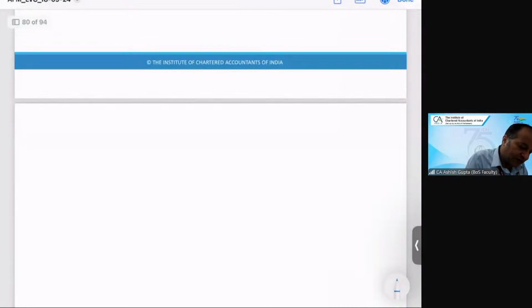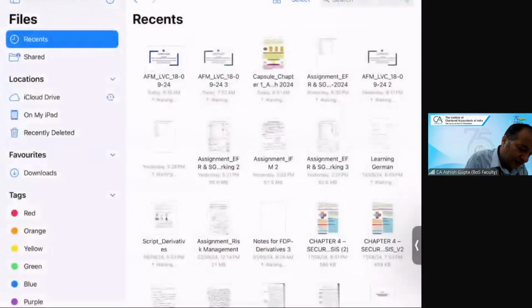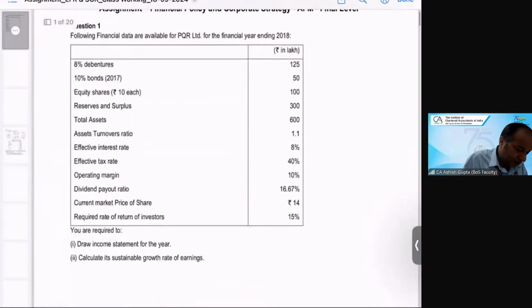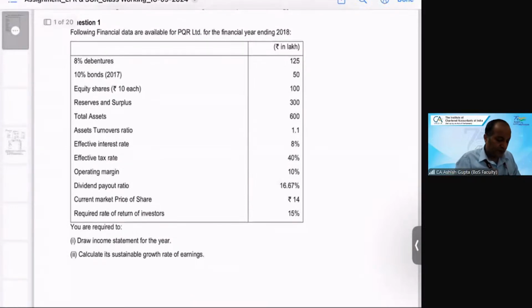Now with this, I am coming to the assignment. This is question number 1. Just read out the question, then we shall start solving it.